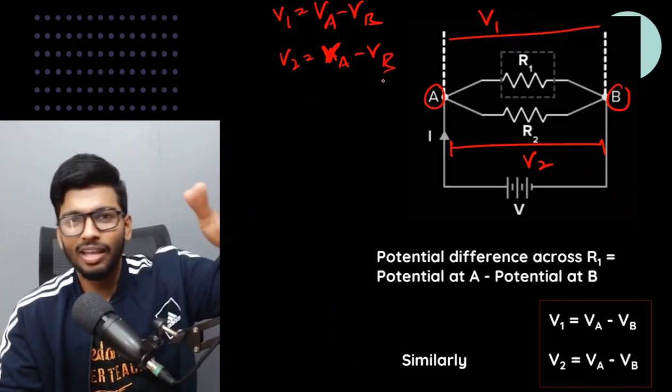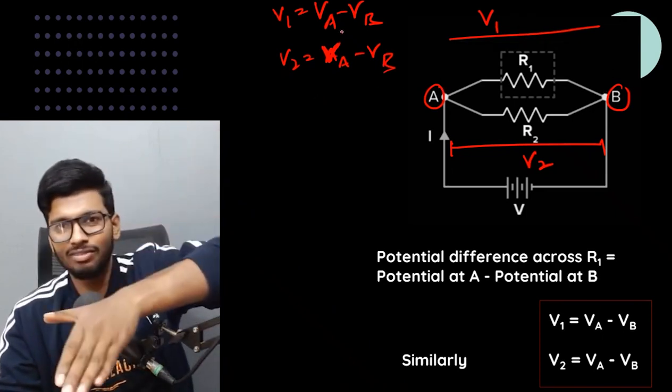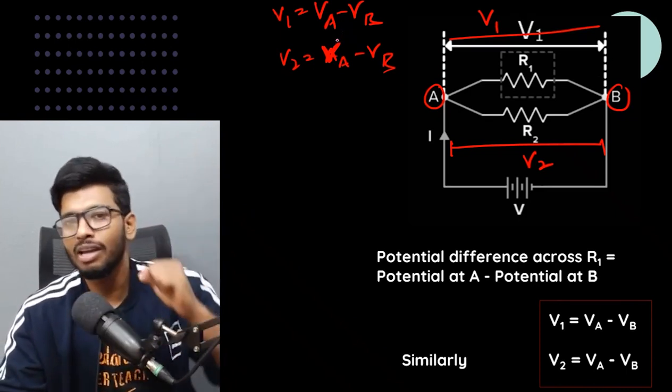VA minus VB, again VA minus VB. V1 is equal to VA minus VB, and V2 is also equal to VA minus VB.